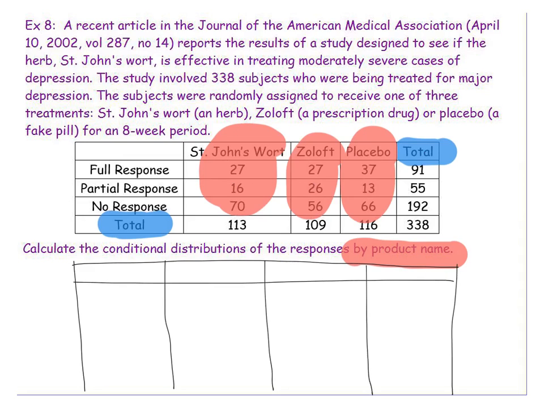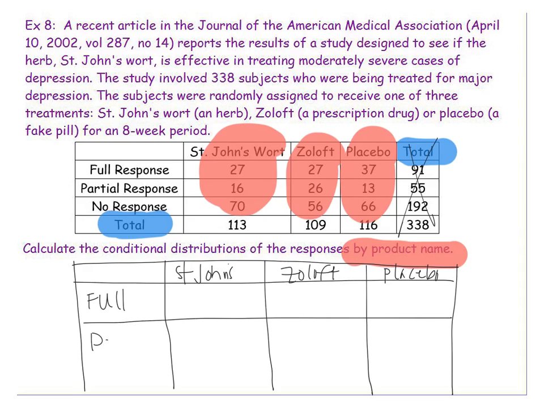And so we still have the St. John's wort, we still have Zoloft, and we have the placebo. The totals on this side mean nothing to us because they are totals for the different responses. We're focused on the drugs only. So I'm not even worried about that column. We have full response.